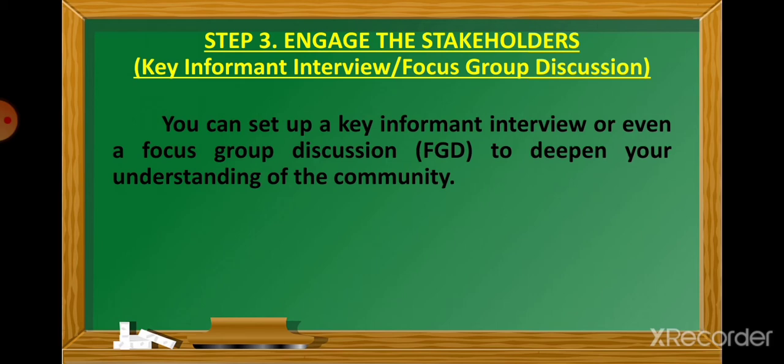When dealing with officers or leaders, a key informant interview is most preferable since it is highly probable that they have hectic schedules and may prefer a secluded setting for privacy or even discretion.